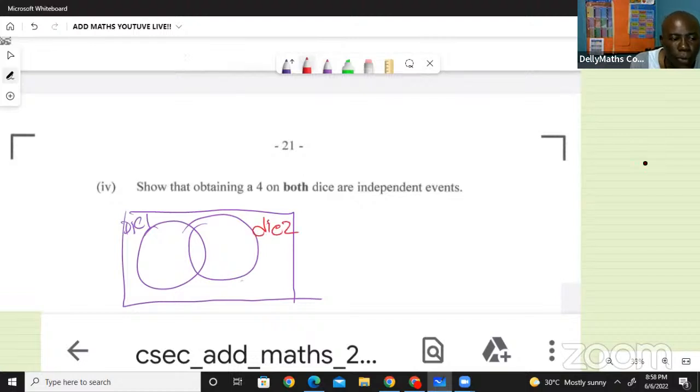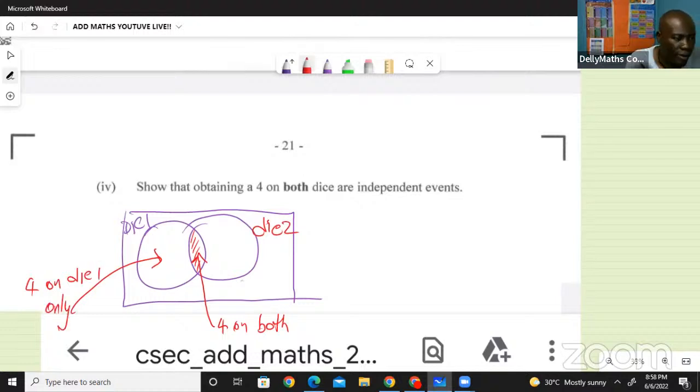And when you have here, this is when you get a 4 on both dice. So this part is when we have 4 on both. But you could get a 4 here alone, and so we're talking about having a 4 on die 1 only.